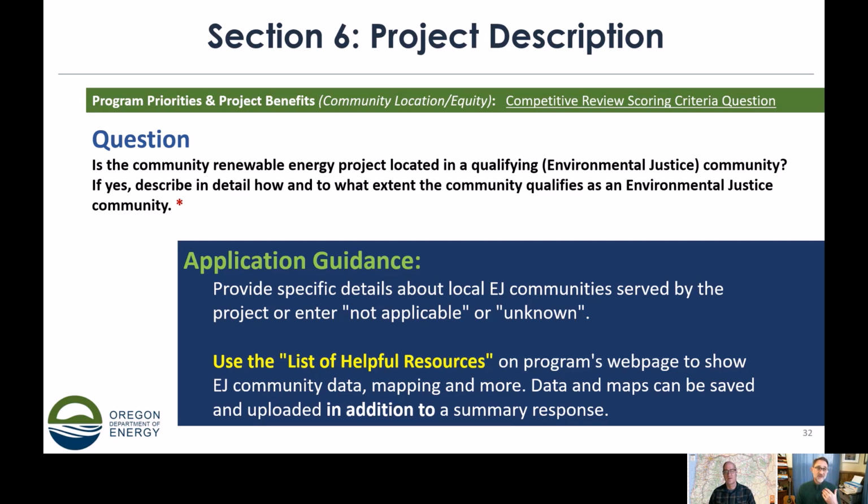What we're looking for here is specific details about the local environmental justice qualifying communities being served by the proposed projects, or that would be served by the proposed project as it moved into a construction installation phase. In addition, to assist with this question, in the resources section on the webpage, we have a document that's a list of helpful resources.